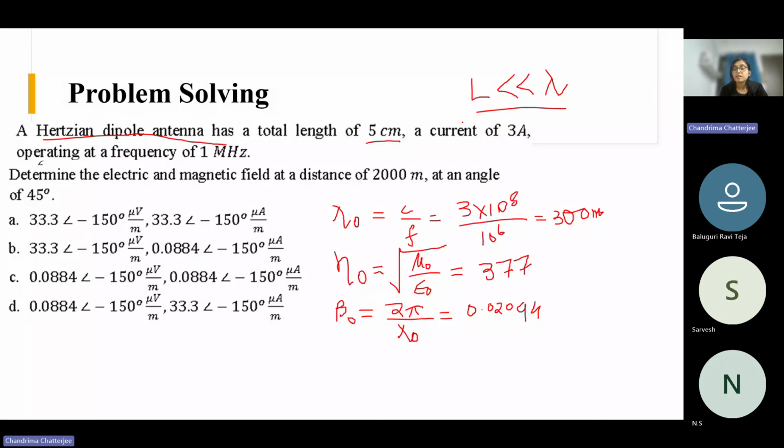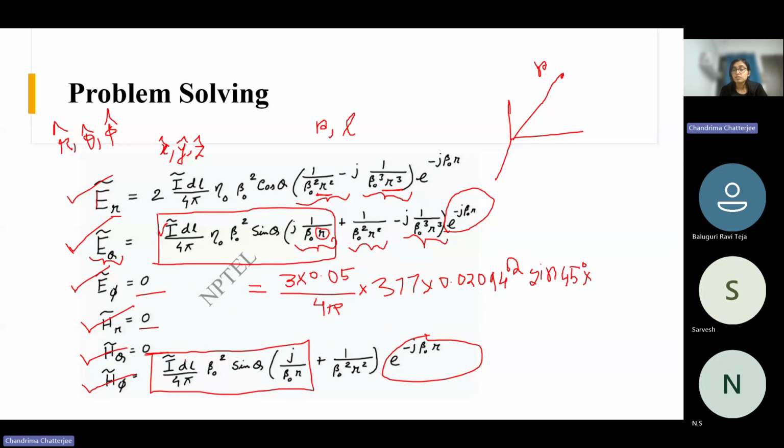See, electric and magnetic field at a distance of 2000 meter. So mostly you will have to calculate the far field one. But if this criteria is not fulfilled, then you will have to calculate this whole thing. And here we are just considering E theta because the other component is obviously 0, so you don't have to calculate anything.